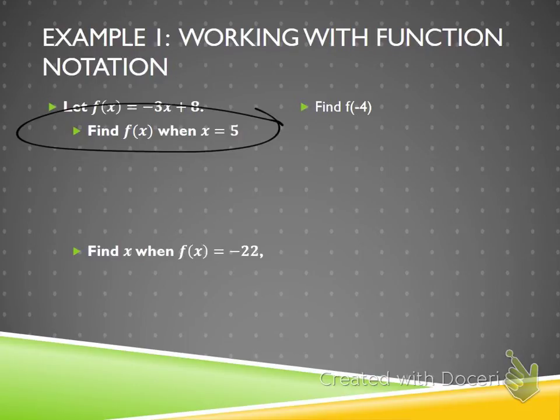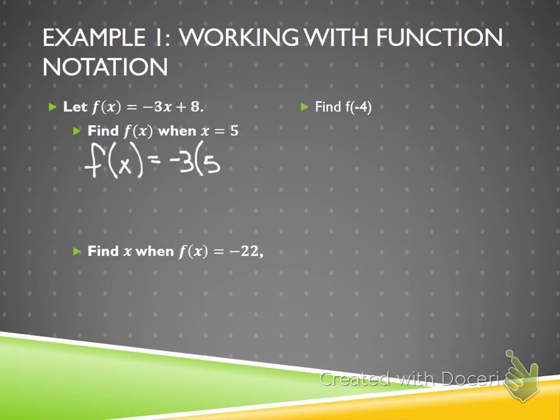So in the first one, it says find f of x when x equals 5. So now I'm going to substitute in 5 for x. F of x equals negative 3 times 5 plus 8. All I did here was I took my value that it gave me and I plugged it back in to the function for x.